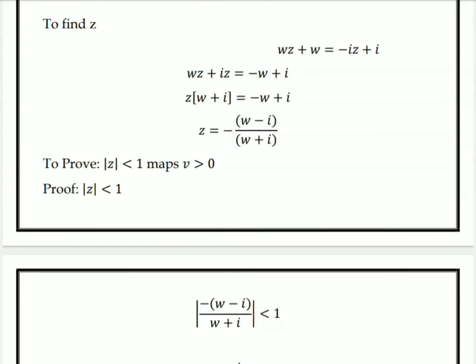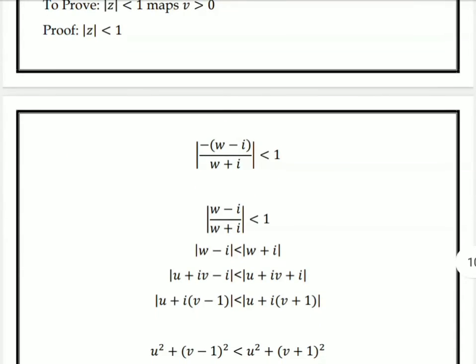Just replace the Z term: minus (W minus I) divided by (W plus I), the modulus less than 1. So the modulus makes negative also positive, right? So modulus of (W minus I) divided by (W plus I) is less than 1. Take the LCM: modulus of (W minus I) is less than modulus of (W plus I).